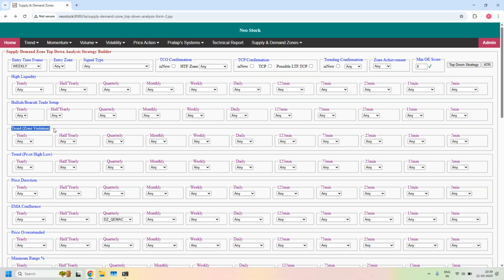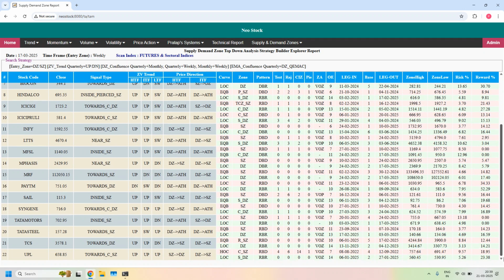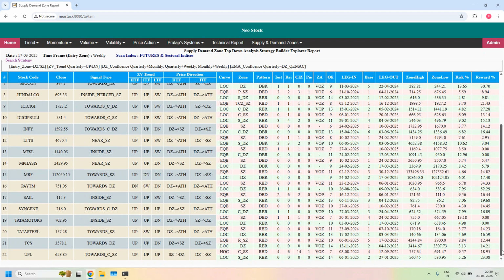At the same time, trend on the quarterly should not be sideways. It can be up or down. So now the list has come down to 22 stocks. So first 16 stocks in the list. Scrolling the list down. So total 22 stocks are filtered.